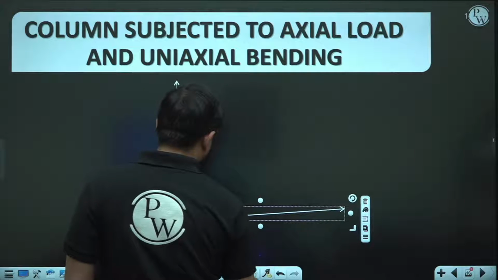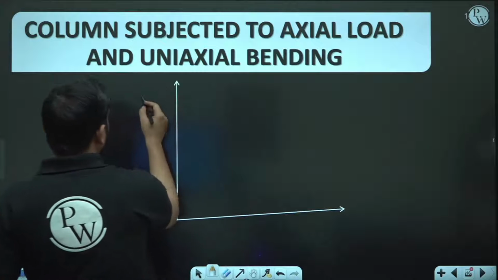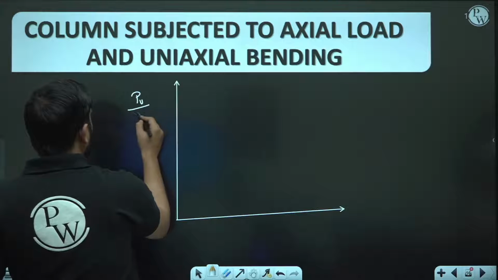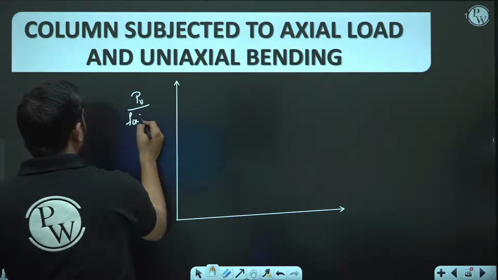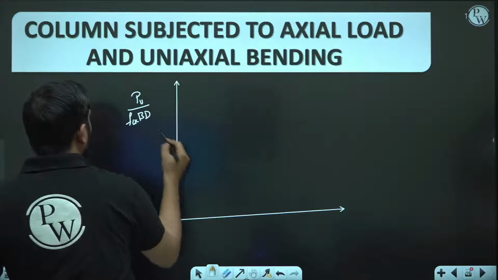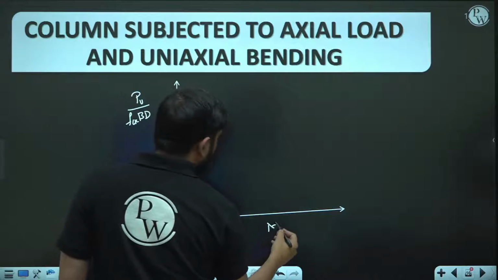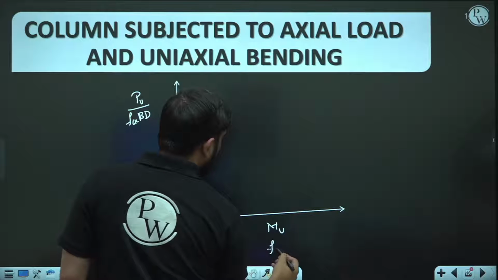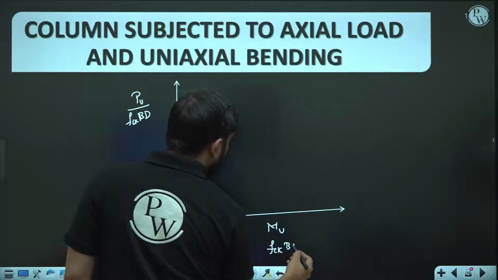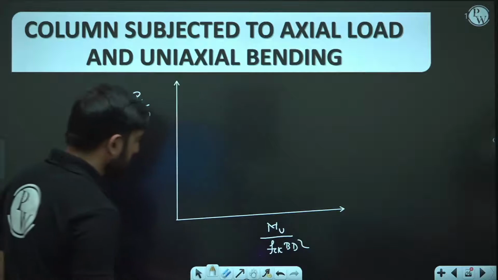Okay, on the y axis it is Pu upon fck bD, which you can get by rigorous analysis, and this is Mu upon fck bD square. Why is it happening?